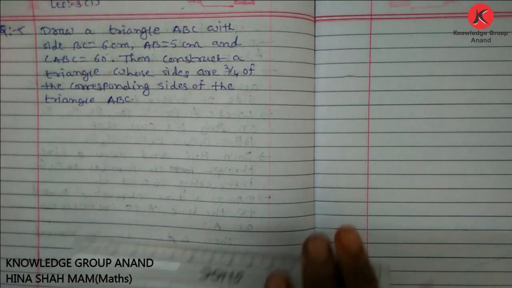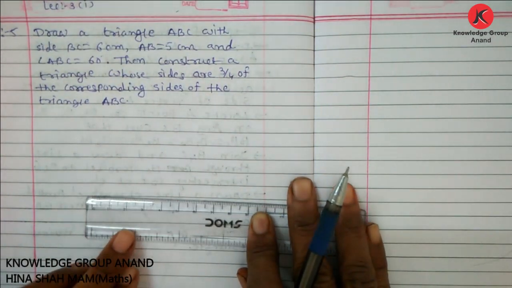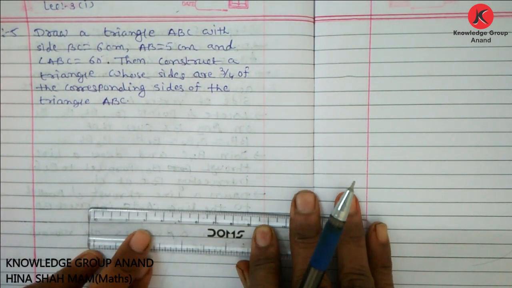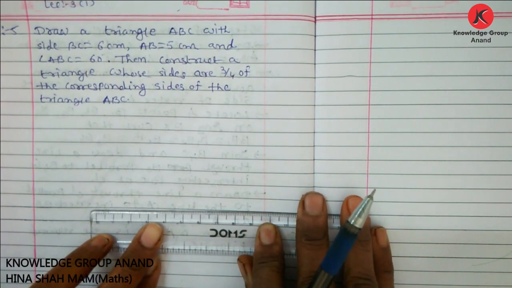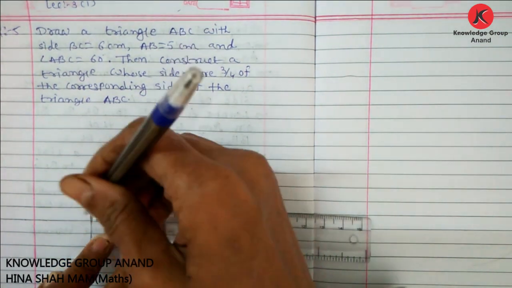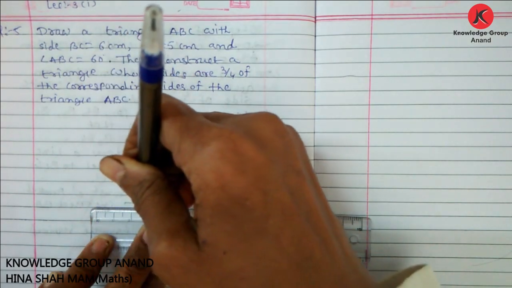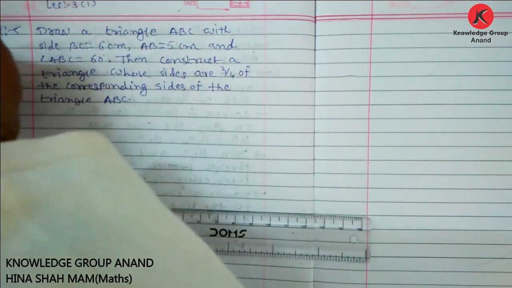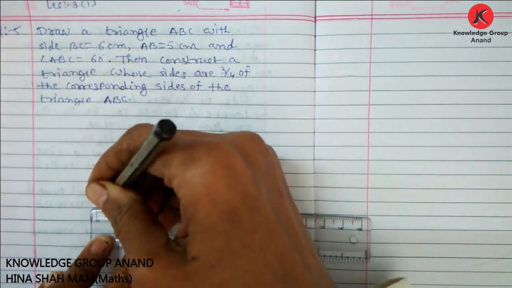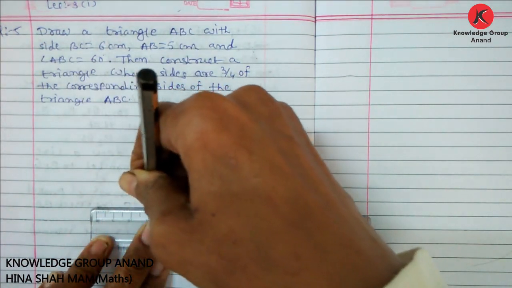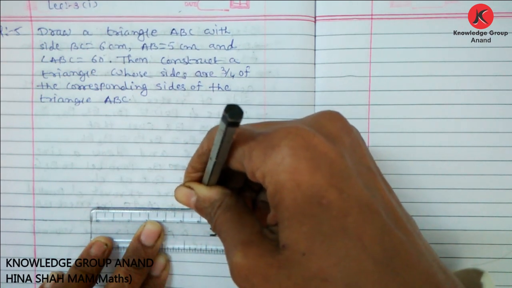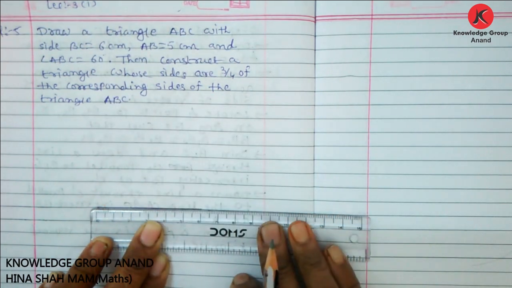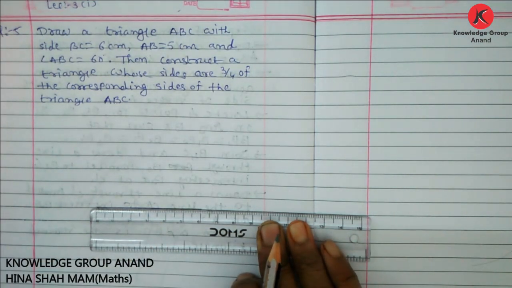First we draw here triangle ABC. We draw BC equal to 6 centimeter.